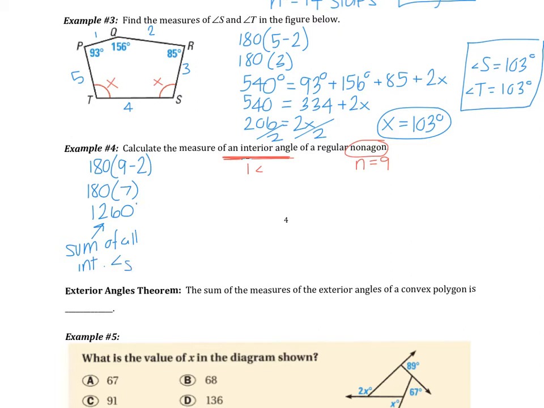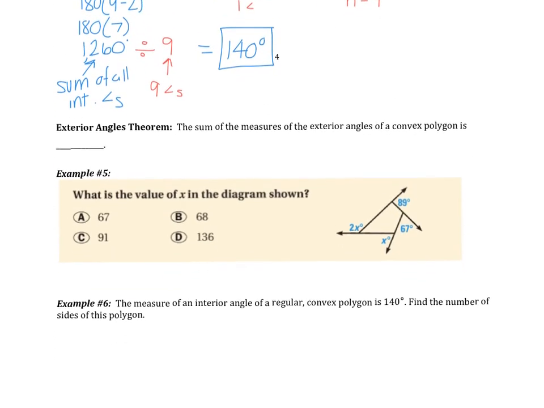If everything together is 1,260, if I divide by how many angles I have, I'll be able to get the one single angle. Well, if I have 9 sides, that means I have 9 angles. So this is where I got the 9. Because there's 9 angles, overall each angle will be 140 degrees. So please watch out for that vocab when it asks for an interior angle. It's just one. Don't give me the sum. Find each individual. Okay, let's move on to the next page.